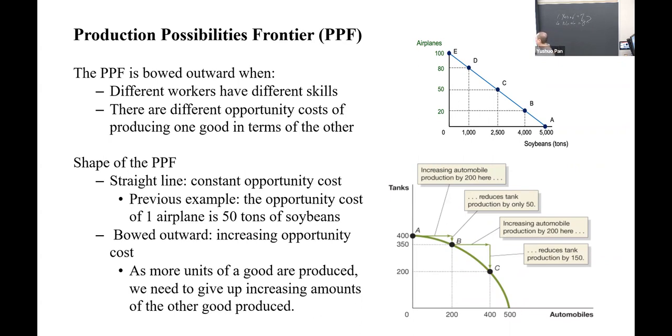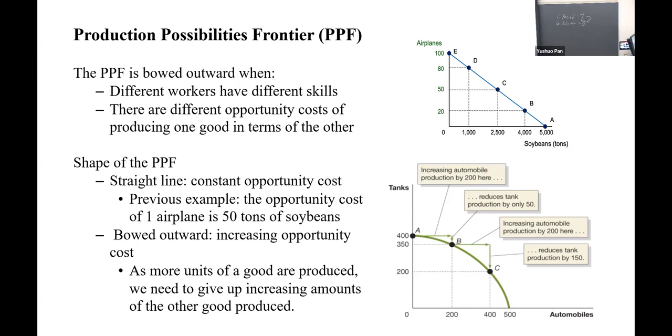But for the lower picture over here, we can see the opportunity cost is different, such as from point A to point B. At point A, it's 400 tanks, but 0 automobiles. If I want to produce more automobiles, I need to give up some tanks because I have fixed resources.